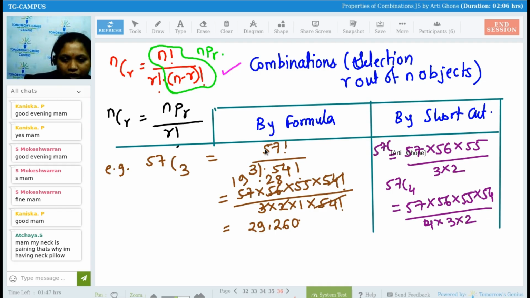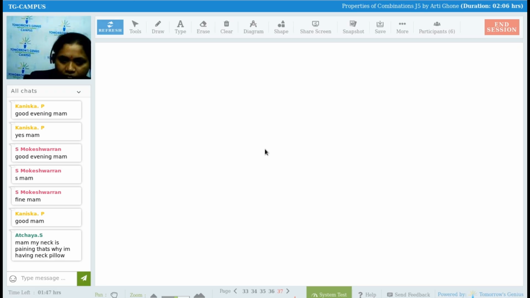Clear how we are solving it with the quick method? Instead of writing all formulas and calculations, you can do this by this method. Which one is better for you for calculation? You can use that, but in the shortcut method, you take as many consecutive terms in reverse order as the r value. Okay. Now there is one more trick to solve this one. Now I am giving you 57C3 and 57C54. Now it is not easy to go with 54 terms of 57.